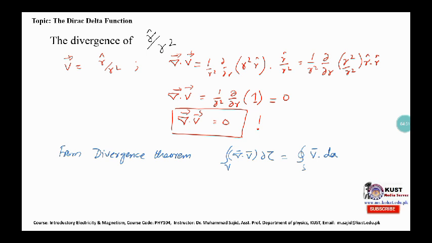If we apply this divergence theorem to this function, then since the divergence of v is equal to 0, the left side will be 0, and we have to check whether it's equal to the integral of v dot dA or not, over a closed surface.